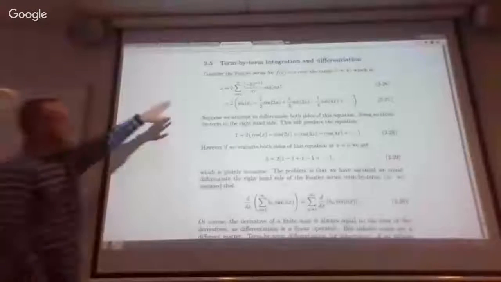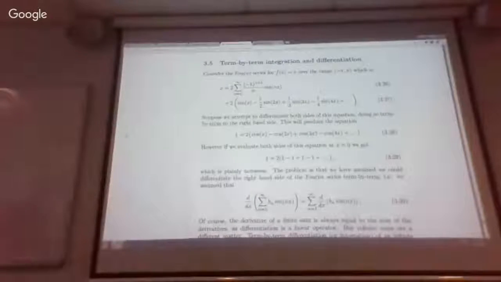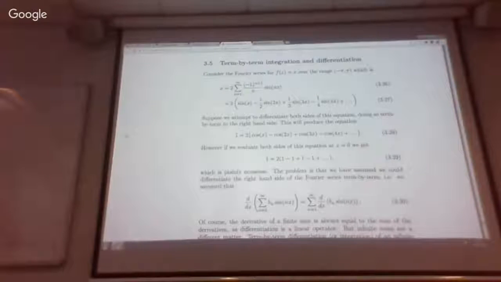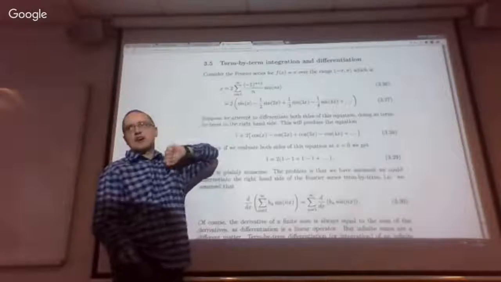And if you just expand out the sum, you can see here you've got one sine function for every integer, and the coefficient is this alternating sequence of the reciprocals of the integers. Now, what we're going to do is suppose we could just take the derivative of both sides.